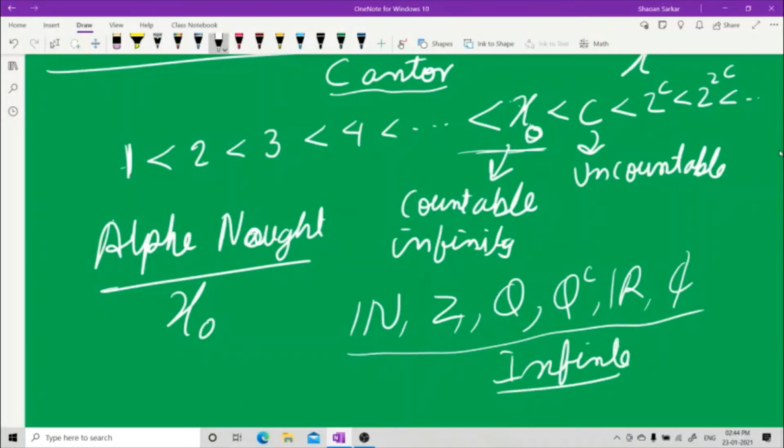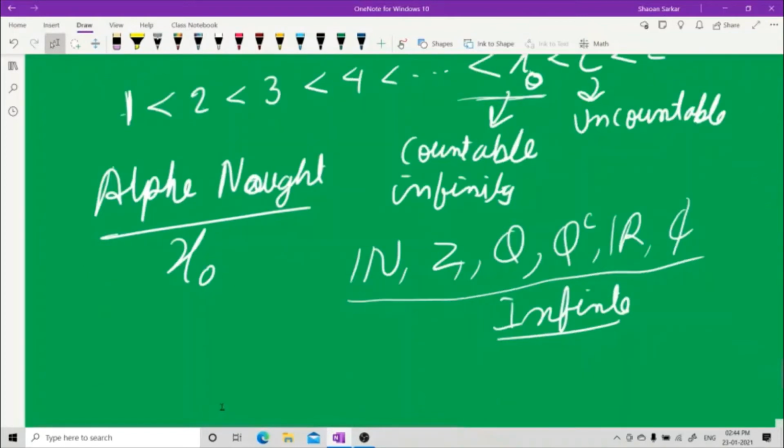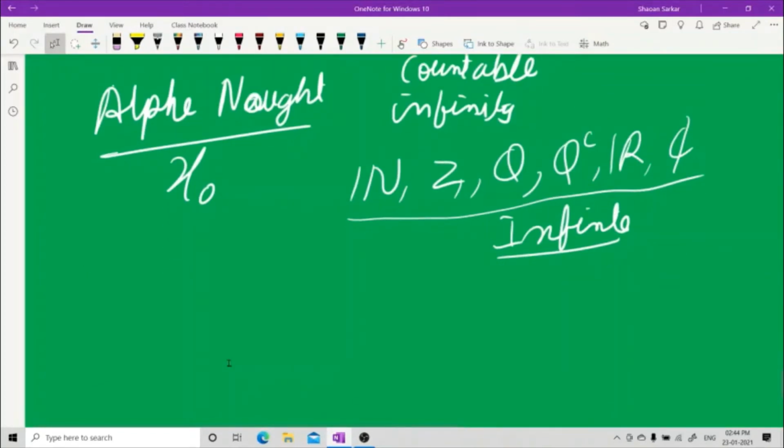But now after his classification, something became different. Some authors have a different opinion, it depends upon the authors. I'm taking very standard authors.